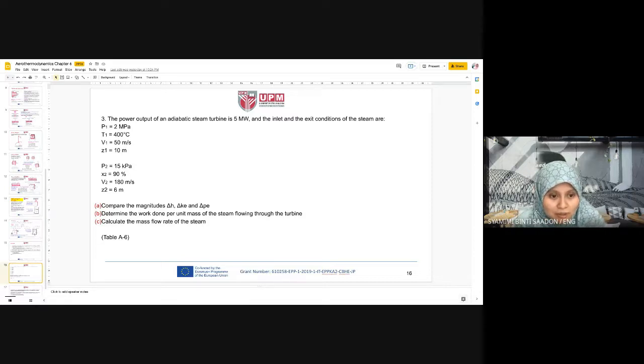Maybe we can start by writing the energy balance of a steam turbine. Try to write down first the energy balance of the first law of thermodynamics, applied to this turbine. Okay, I'll give you a bit of time. With all the information given, how is the energy balance going to be?